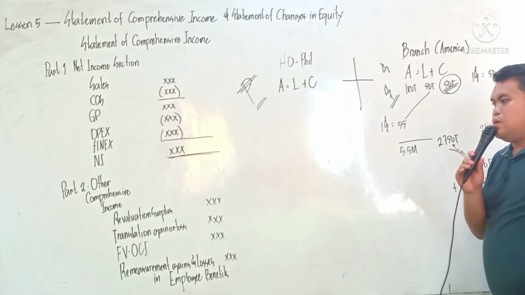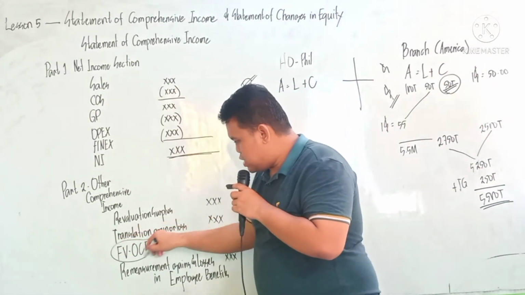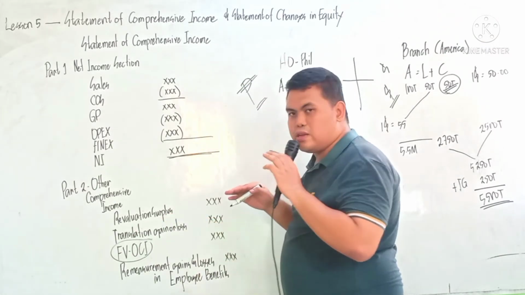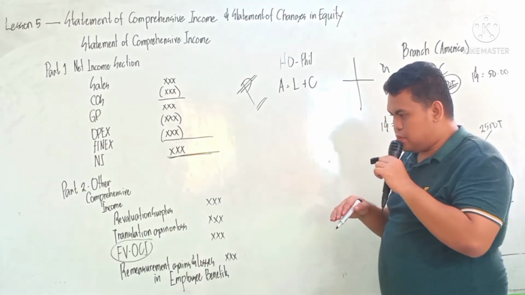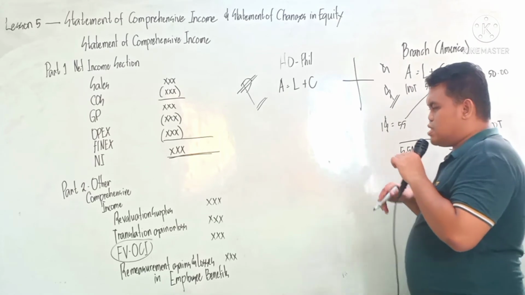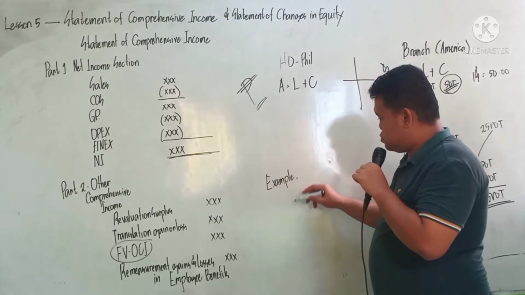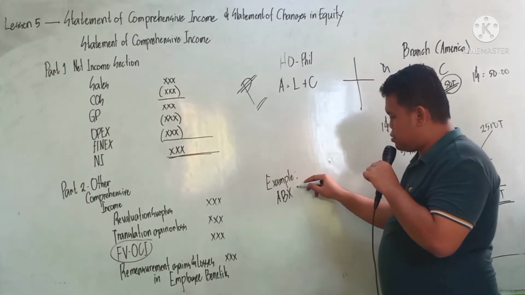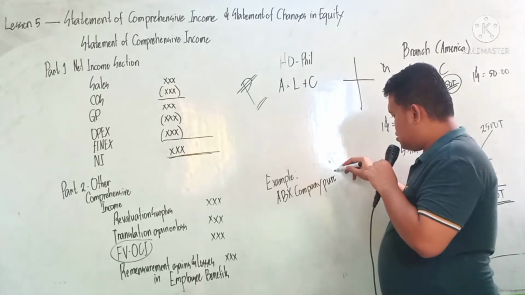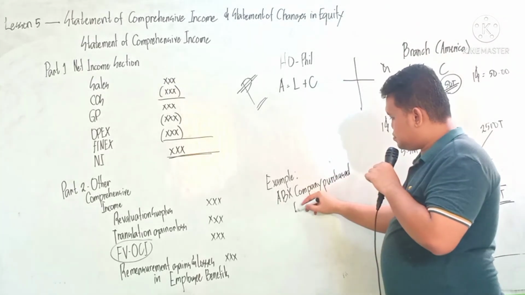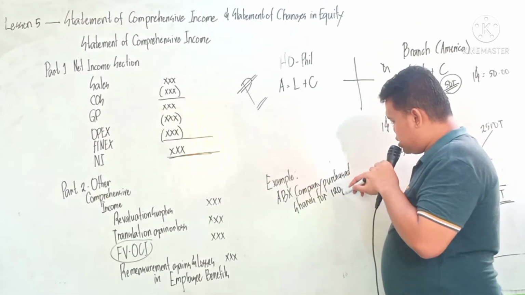Okay? Now, what is this FVOCI? So, this is short for investment under fair value through other comprehensive income. So, for example, ABX company purchased shares for 120,000.